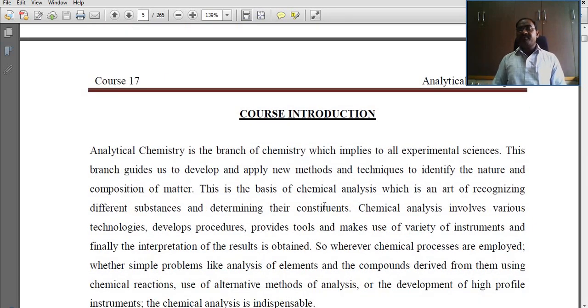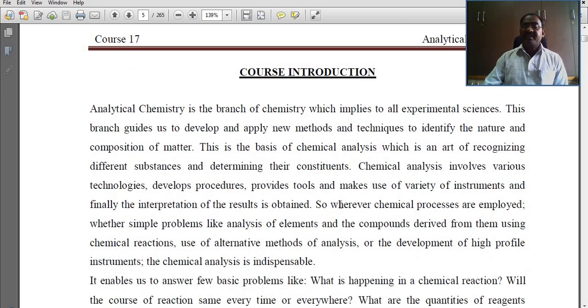Dear students, now I am going to introduce that course. Already you have heard the word analytical chemistry. It is a branch of chemistry which applies to all experimental science. Chemical analysis involves various technologies, develops procedures, provides tools and makes use of a variety of instruments, and finally the interpretation of the result obtained.